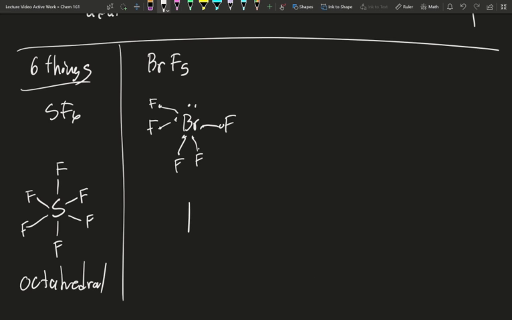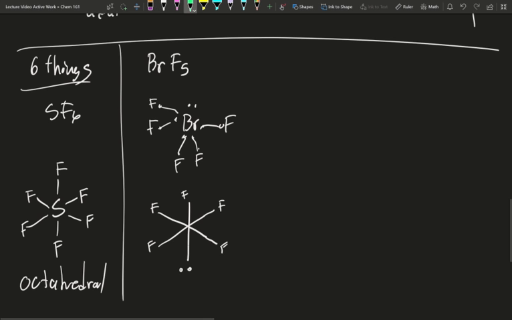Well, 6 things are going to arrange so that they're right angles from each other. Doesn't actually matter where your lone pair is. It's going to be at right angles to 4 things and 180s from something else. So it's irrelevant where we put that lone pair. It's going to have exactly the same angles to other things.